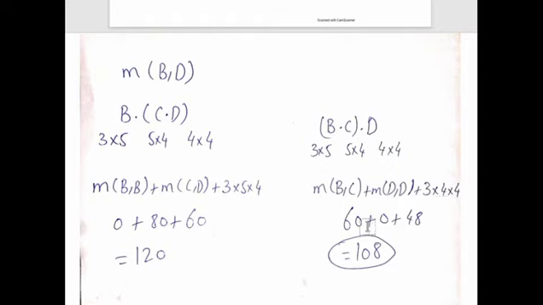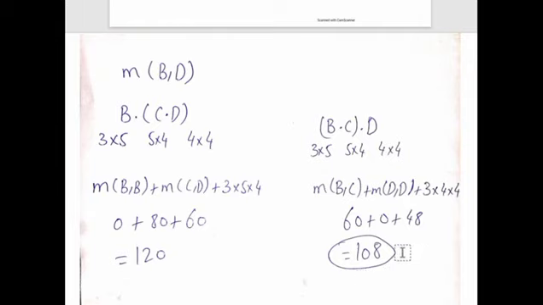So the first possibility was 120, and the answer we got from the second possibility is 108. So which one is the minimum one? 108 is the minimum one, so we will take this value 108, right?